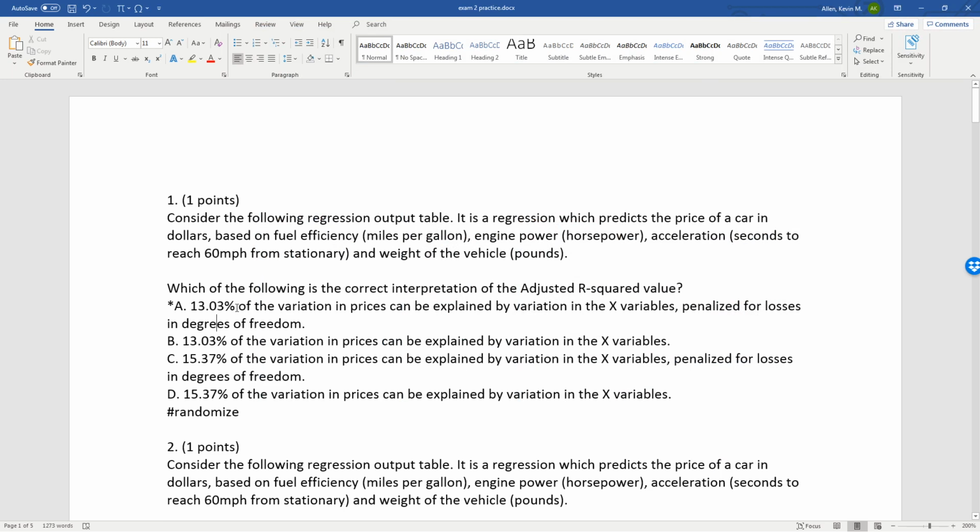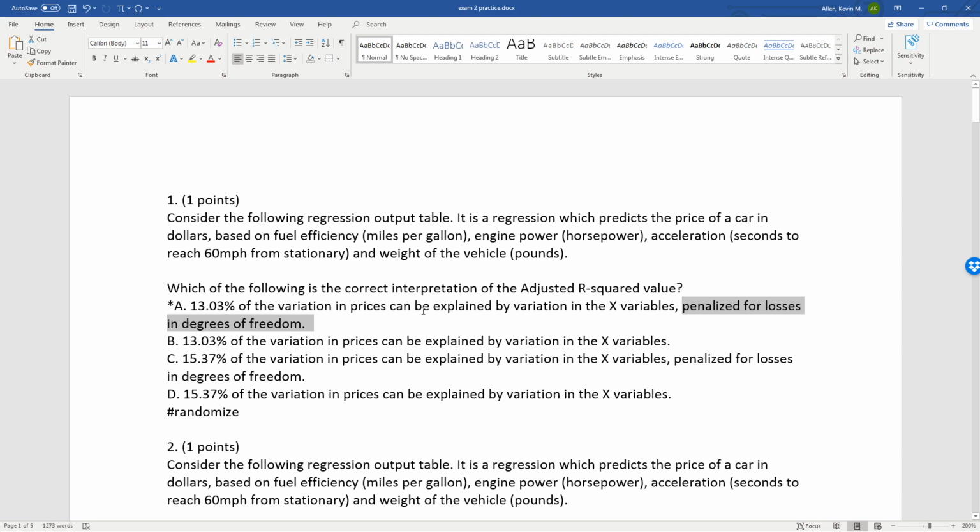So 13.03% of the variation in price, which is what we're trying to predict, can be explained by variation in the x variables, which are these. But the adjusted R-squared has a penalty for every variable you add to it. So penalized for losses in degrees of freedom, because every variable you add loses a degree of freedom.